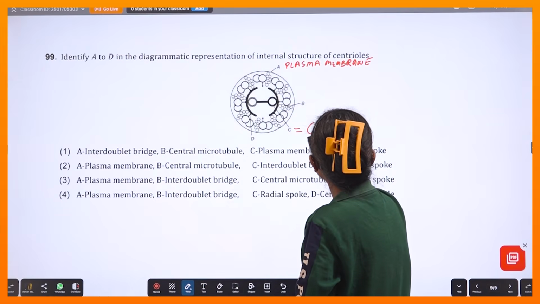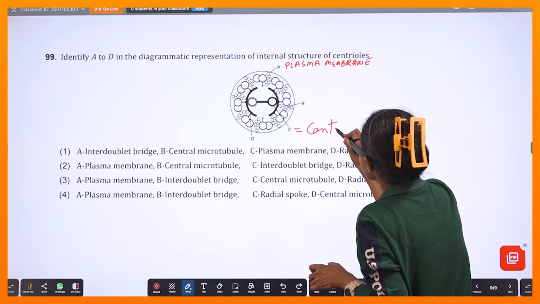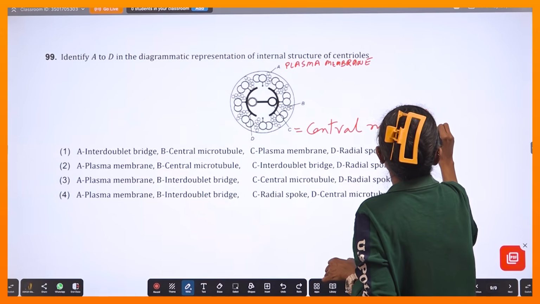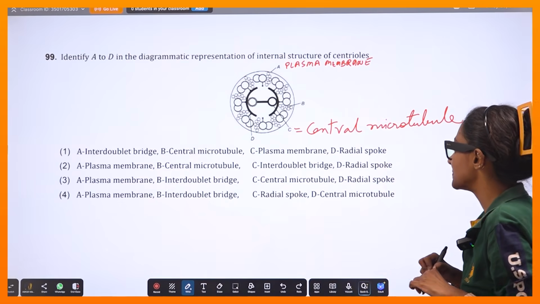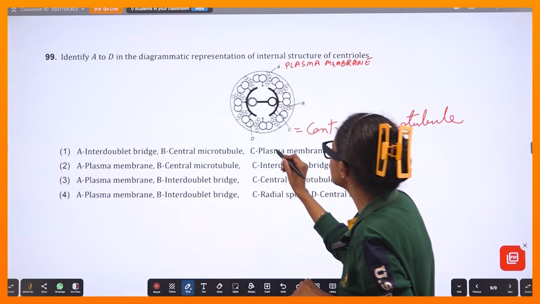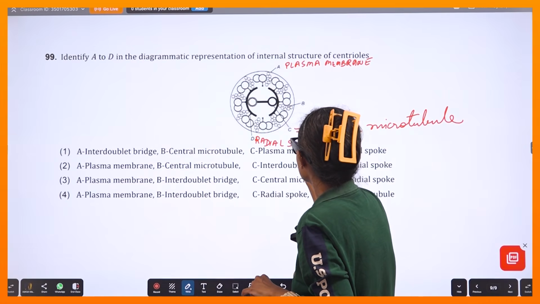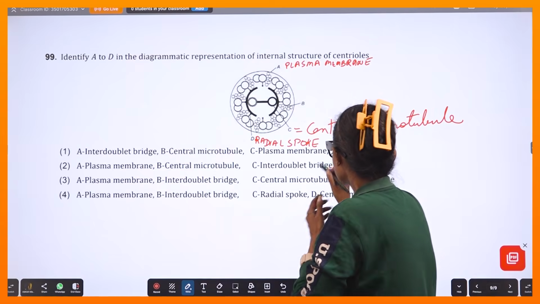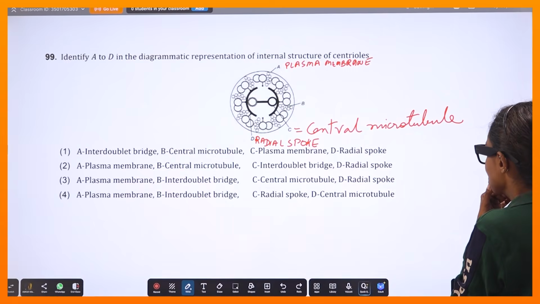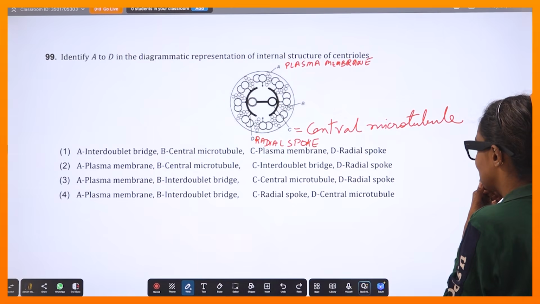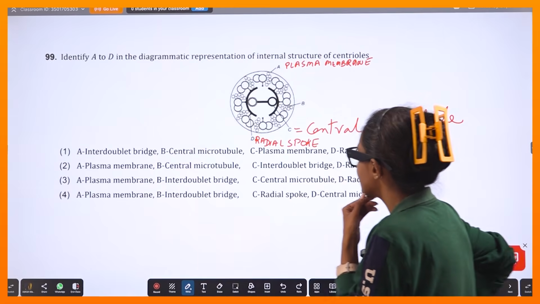C is definitely in the center, so central microtubule. Central microtubule, right? D is definitely radial spoke. And B is interdoublet bridge.